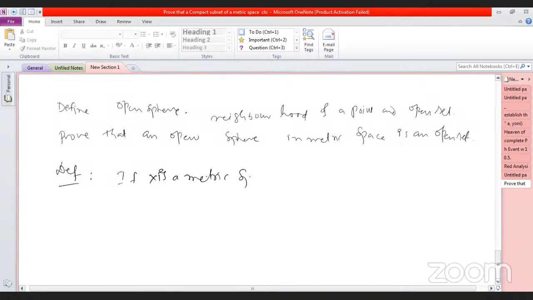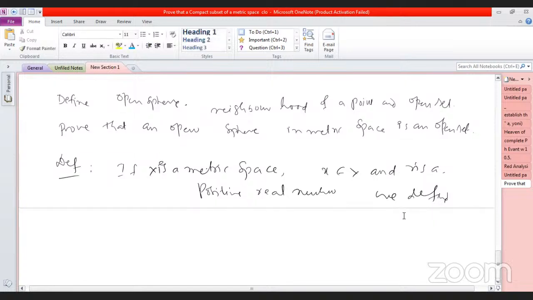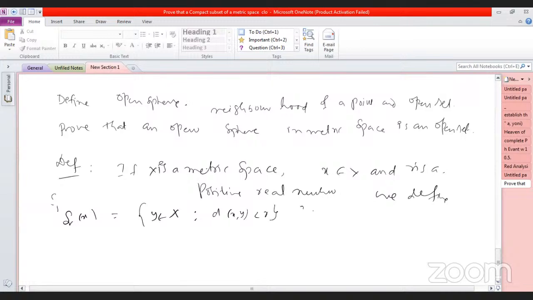If X is a metric space, I am giving another definition too. x belongs to X and r is a positive real number. We define, see here, X is a metric space, x belongs to X, r is a positive number. So S_r(x) is the set of y belongs to X such that d of x comma y is less than r, as the open sphere.